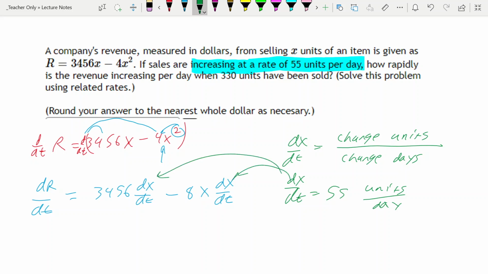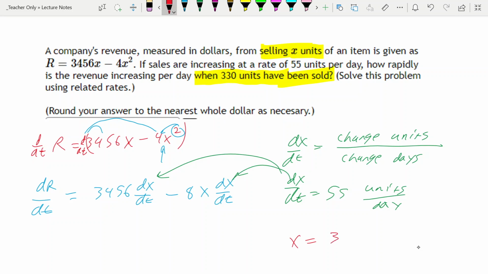The only other thing I need to sub in for is x. We said x has the meaning of the number of units we've sold. As we look through here, we see it was increasing at 55 units per day when we had sold 330 units.